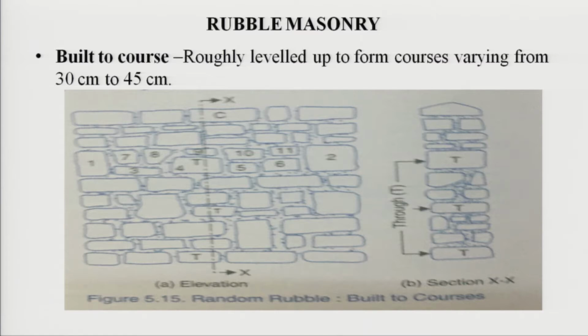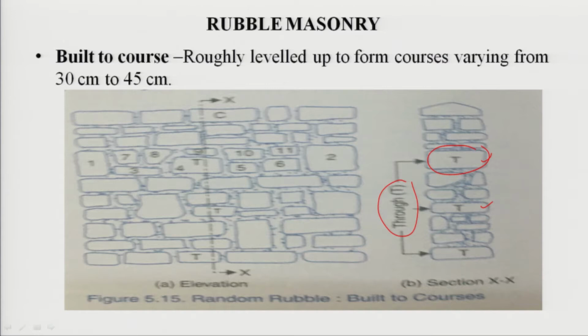Here T is again the through stone, meaning a stone that covers the entire width of the walling. So here this is a T, this is a T. So they are called through stones.